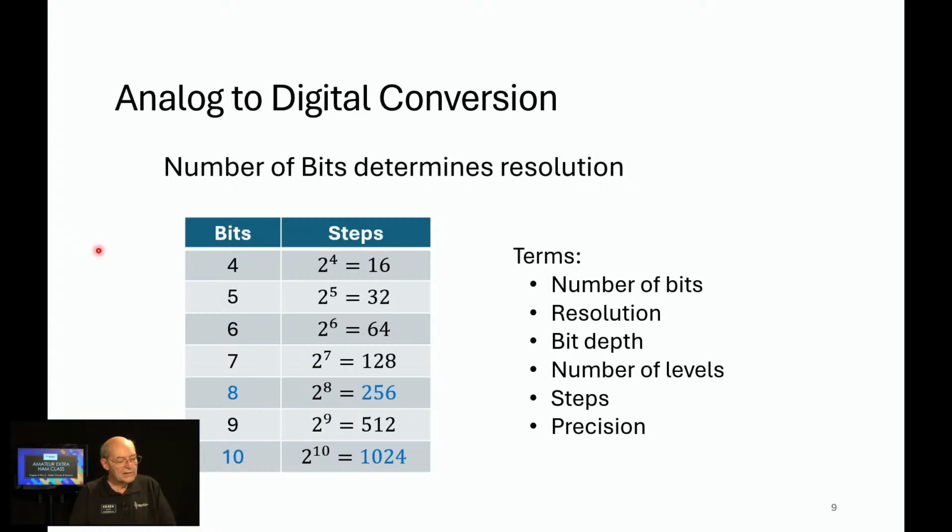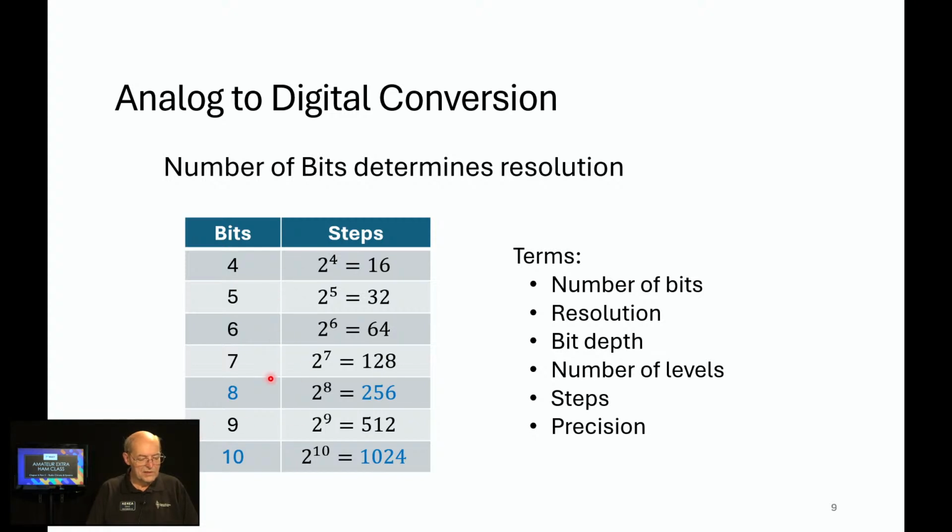Now we'll consider analog to digital conversion and how that works. And there's a fact here, number of bits determines resolution. I showed you in the sidebar when we were doing digital counting that we were basically dealing with four bits. And that's on this chart too, 4 bits. And what's happening, if you take 2 to the 4th power, we get 16 states. You might remember the chart had 0 plus 15 for a total of 16 steps or states. So number of bits, it's over here.